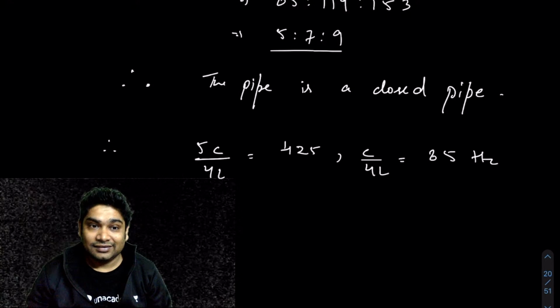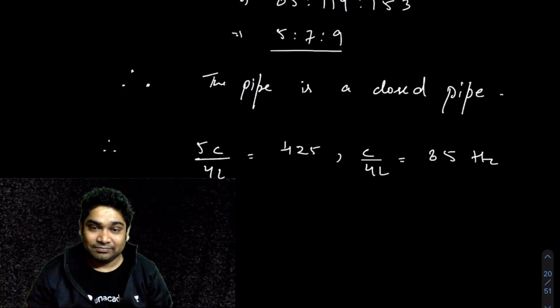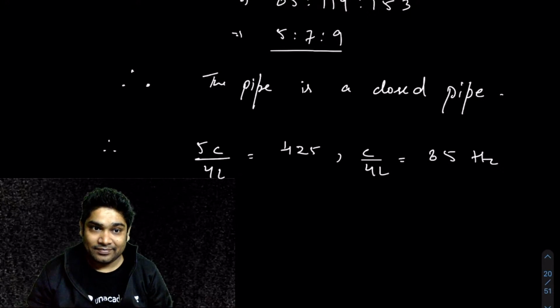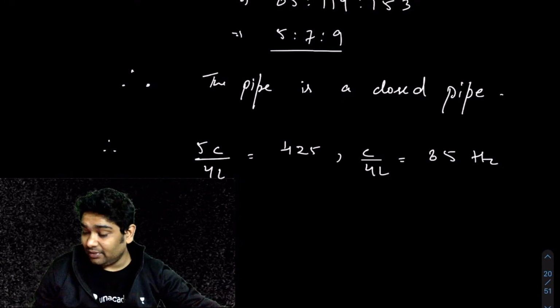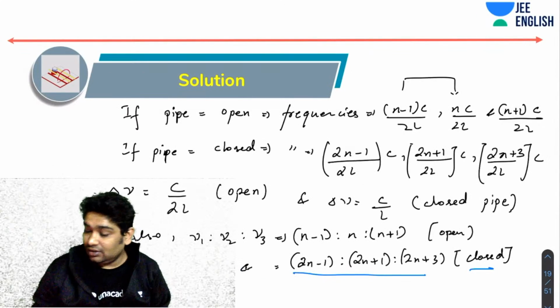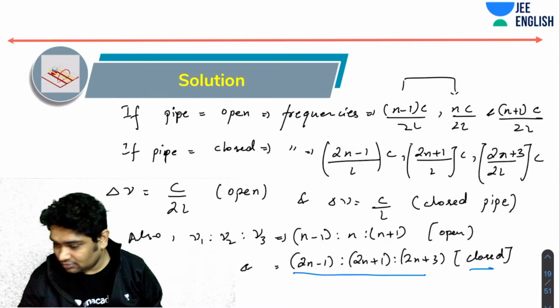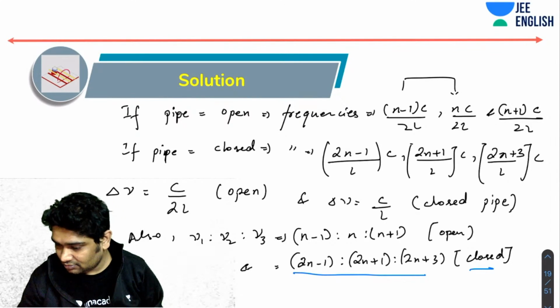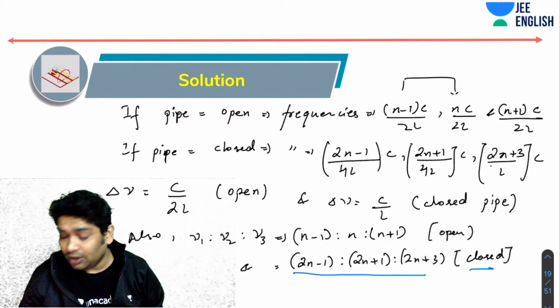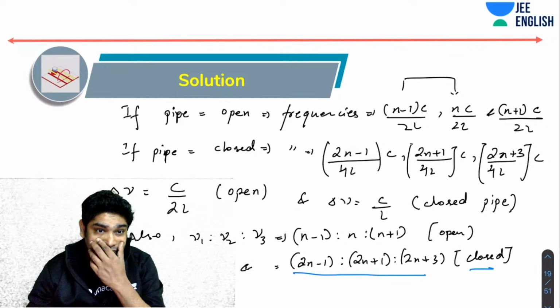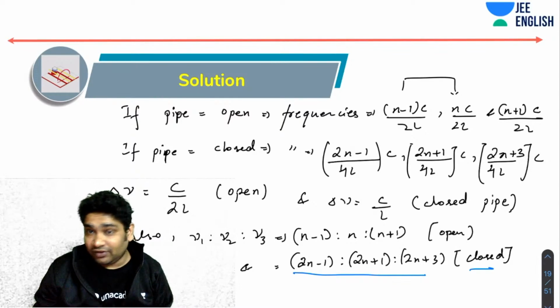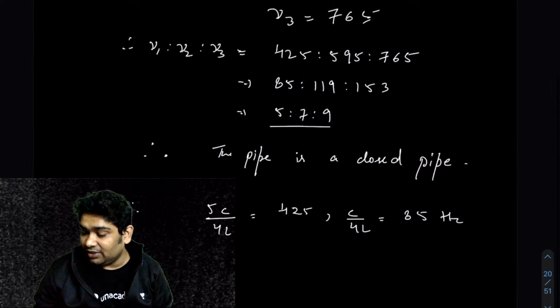Okay, guys. Again, remember from here, you would have had odd harmonics or odd multiples of the fundamental frequency. So the fundamental frequency actually will become 85 hertz. It will be a closed pipe.